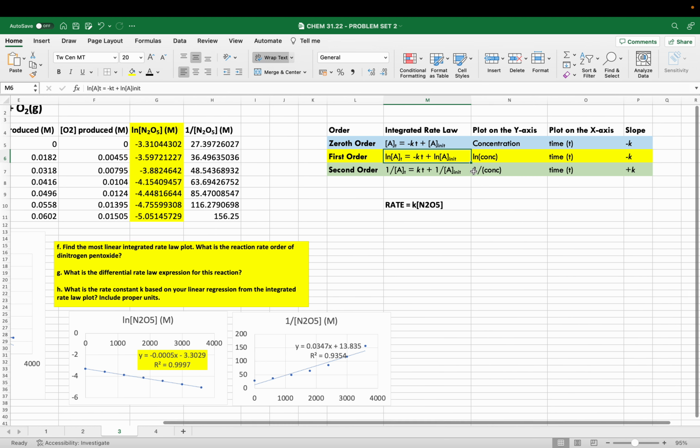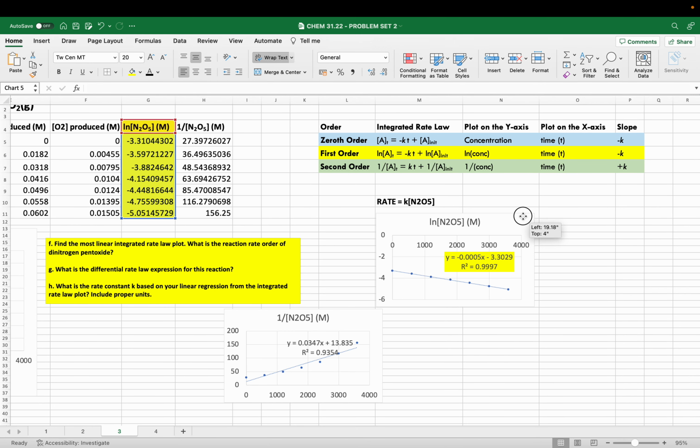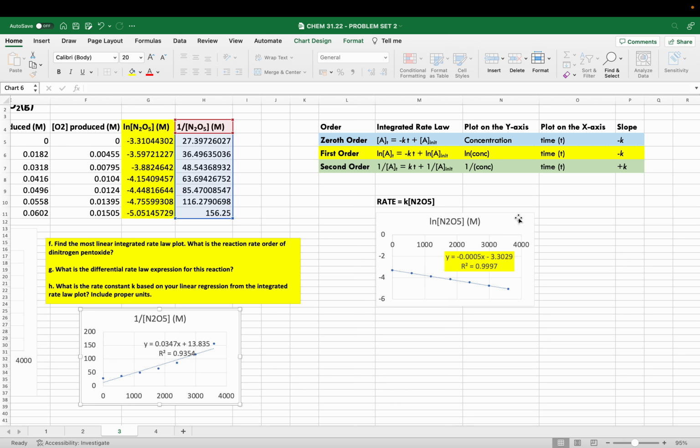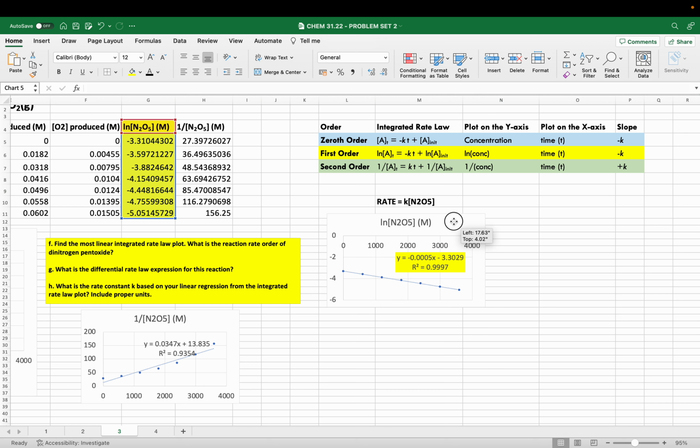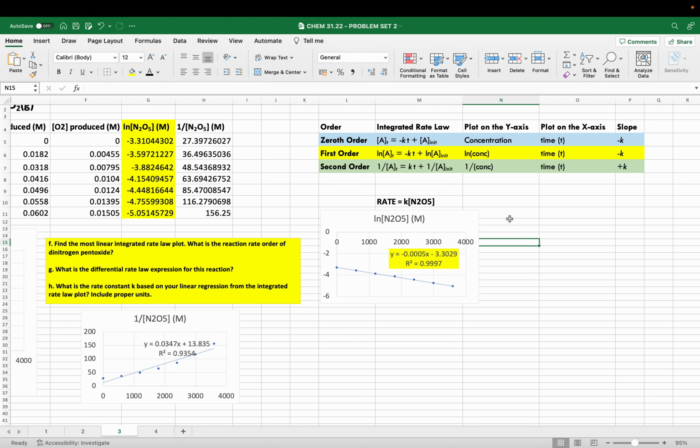Note that for a first order reaction, its linear regression, y equals mx plus b, will reflect the following equation, where y is the ln of concentration, the slope is actually negative k, and the b is just the ln of the initial concentration of our reactant. So our reaction rate constant actually comes from the slope of this plot.